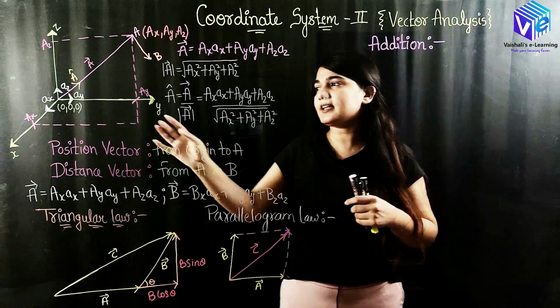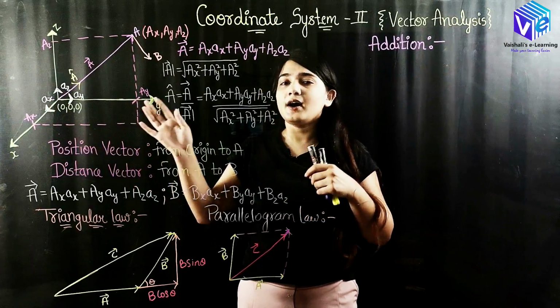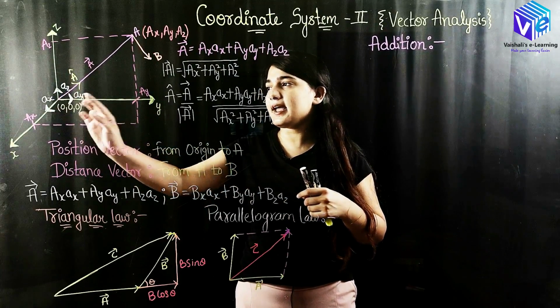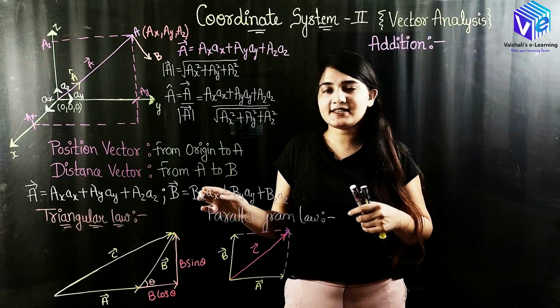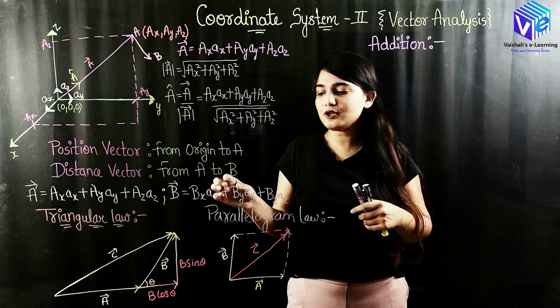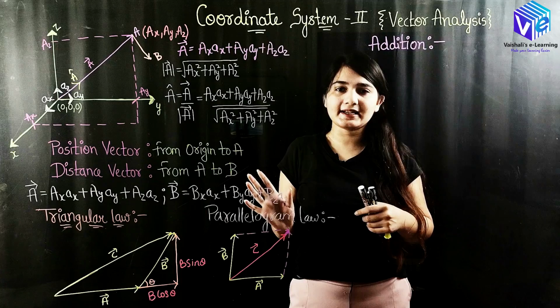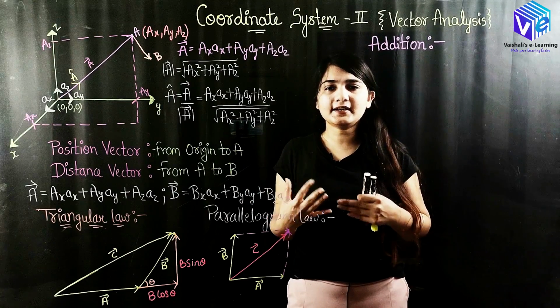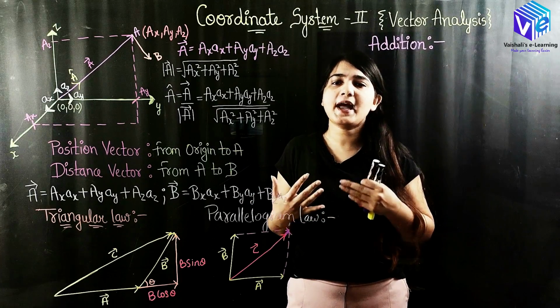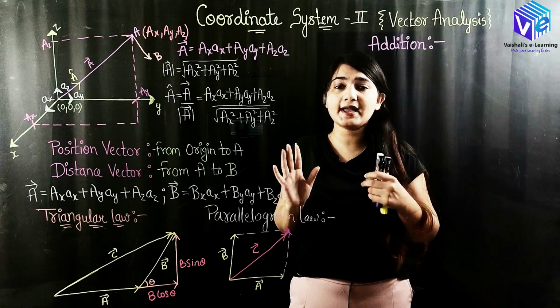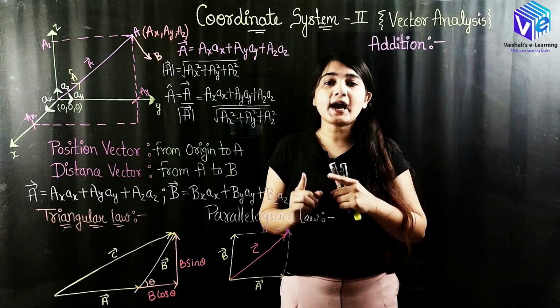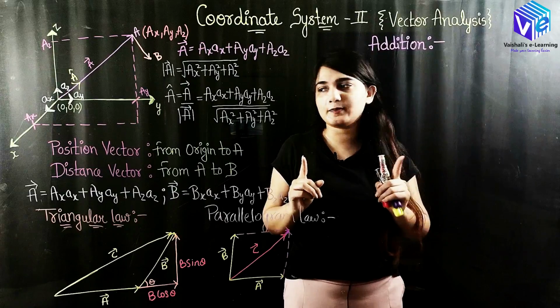You should remember that the unit vectors along the x, y and z directions are ax, ay and az only. So in the representation of the B vector also, the unit vectors are ax, ay and az. You can represent them with i cap, j cap and k cap as well, but I have taken the representation ax, ay and az, and this is what I will follow throughout this playlist.